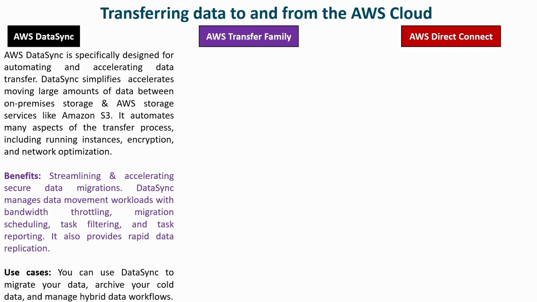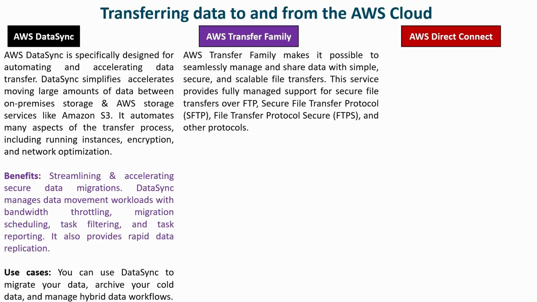The AWS Transfer Family makes it possible to seamlessly manage and share data with simple, secure, scalable file transfers. This service provides fully managed support for secure file transfer over FTP, secure file transfer protocol, and other protocols. It helps you transfer files directly into and out of AWS storage services like Amazon S3 and Amazon EFS.